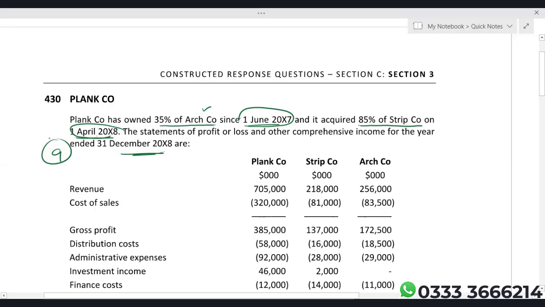It means when we'll be consolidating parent and Strip company books, we have to take the subsidiary's each item of P&L with time apportionment, that is 9/12. Why? Because the post-acquisition period is only 9 months. And the parent is having 85% holding, which means NCI holding is 15%.